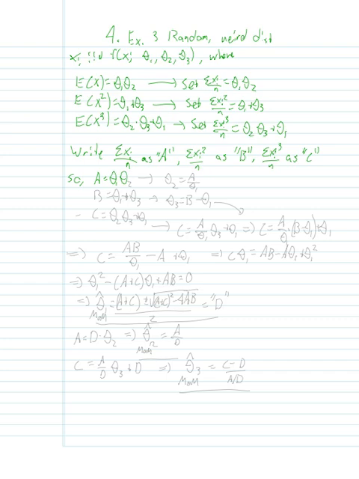So that leaves us with A equals theta 1 theta 2, B equals theta 1 plus theta 3, and C equals theta 2 theta 3 plus theta 1. Rearranging this first equation, we get theta 2 equals A over theta 1, which if we plug into this third equation, that gets us C equals A over theta 1 times theta 3 plus theta 1.